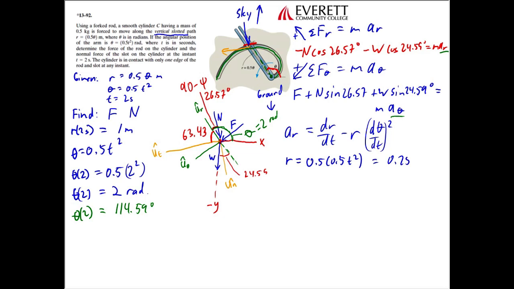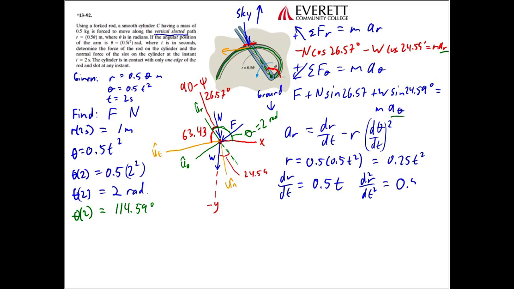Therefore dr/dt, just take the time-based derivative of that, the 2 comes down, and we get 0.5 t. So dr/dt is equal to 0.5 t. We're also going to need the second derivative of r with respect to time for the theta direction, so we might as well find that now. Second derivative of r with respect to time is going to be equal to the time-based derivative of that, which is simply 0.5.